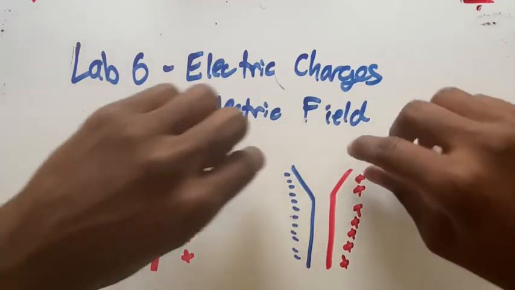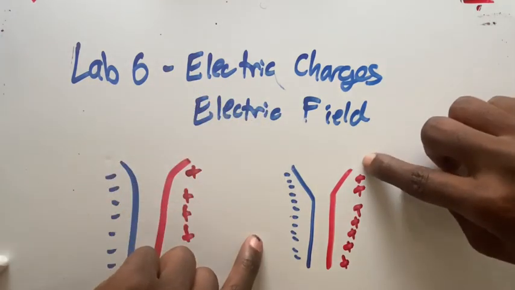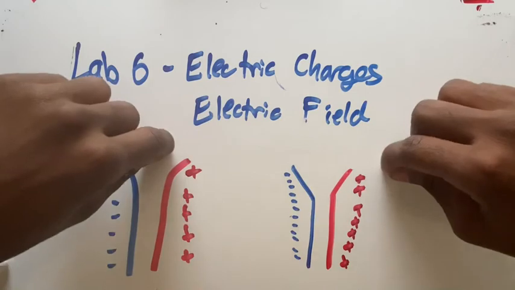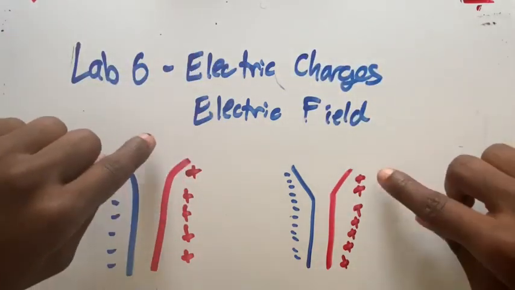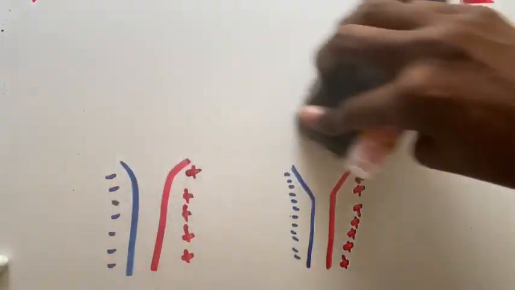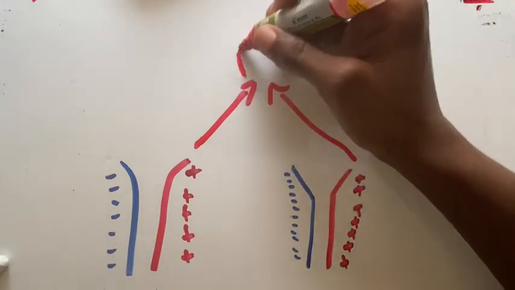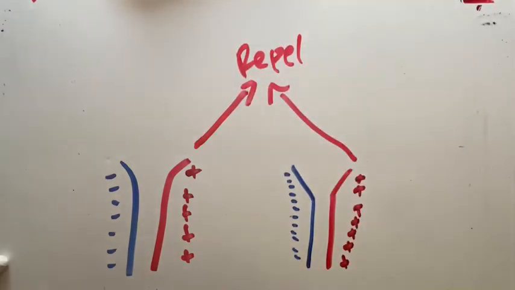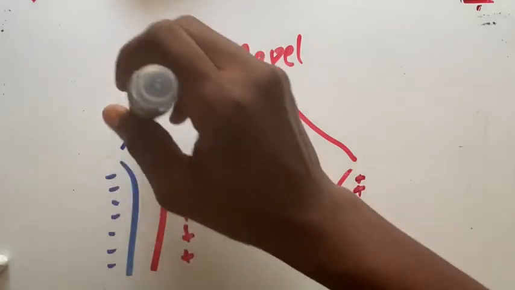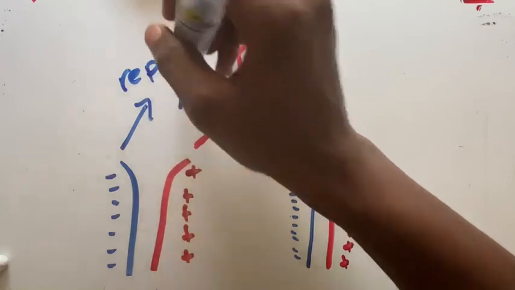Now, instead of putting the two pieces of tape that you ripped apart together, take one of these and one of these and bring them to each other. And then notice they're going to repel. So if I take this one and this one, they're going to repel, right? Because we know like charges repel. Or if I take this one and this one, then they're also going to repel.